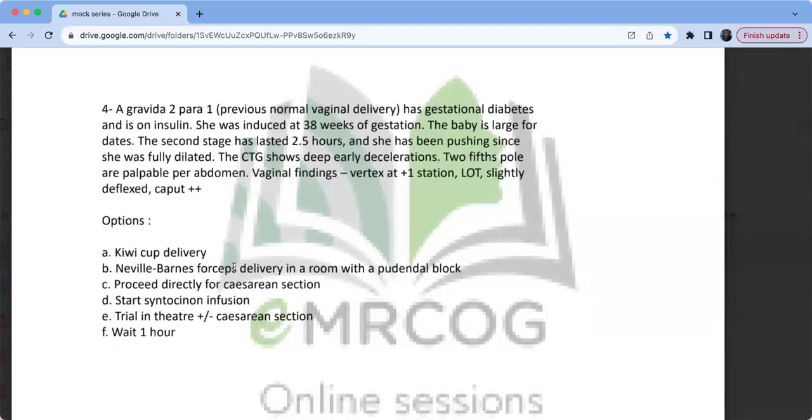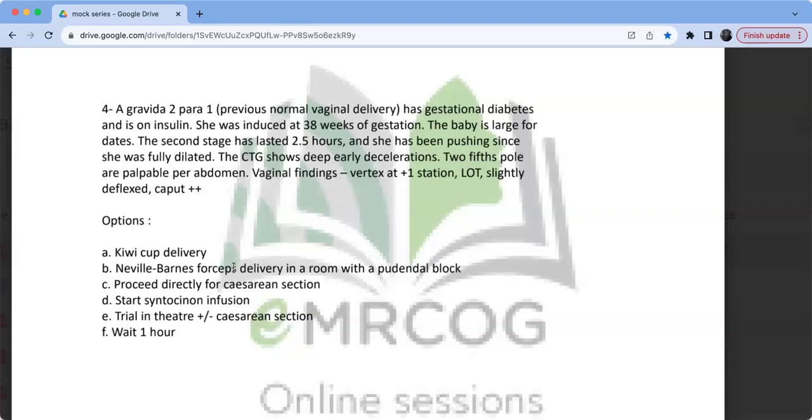Good. So gravida 2, para 1, previous normal vaginal delivery, has gestational diabetes, and she's on insulin now. She was induced at 38 weeks of gestation. The baby is large. The second stage has lasted 2.5 hours, and she has been pushing since she was fully dilated.